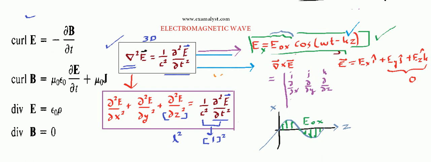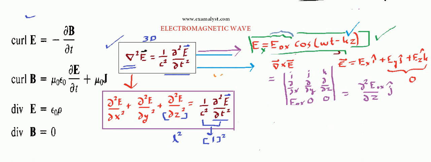Remember that the electric field is vibrating along the x-axis, so it has a component along the x-axis, that is E naught x. Does it have a component along the y-axis? No, the electric field is not vibrating along the y-axis, and it is not vibrating along the z-axis. So when you evaluate this determinant, I get this result.